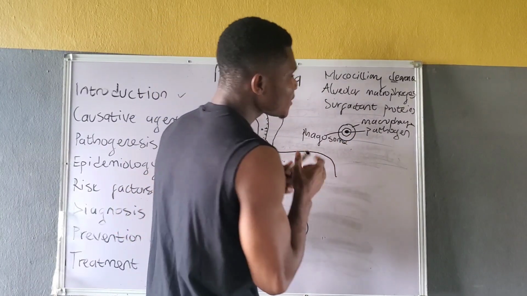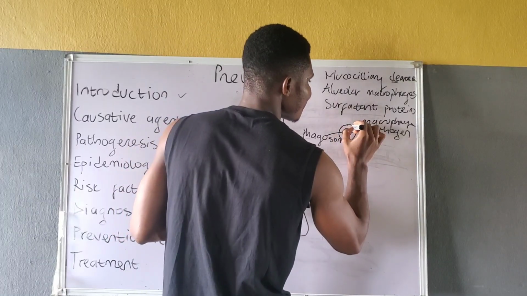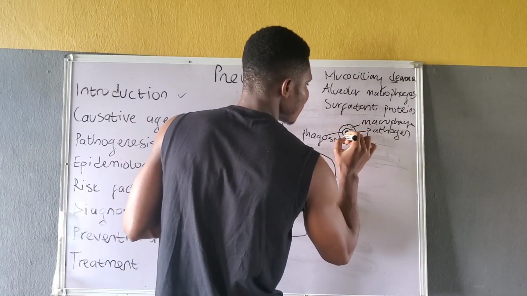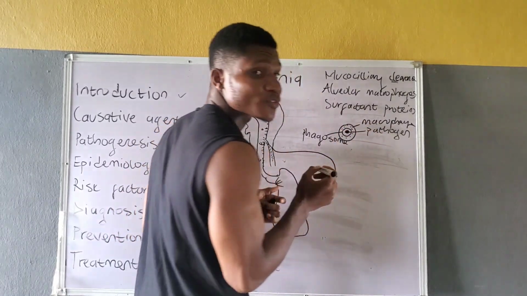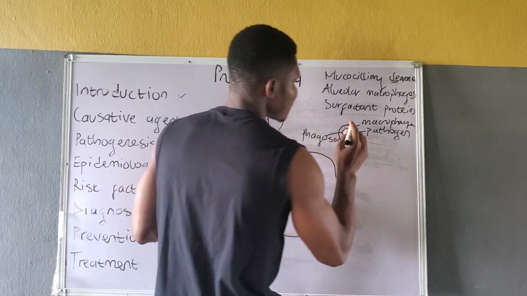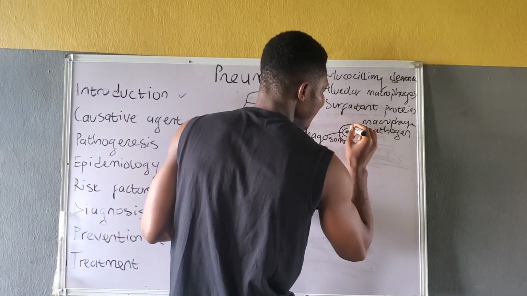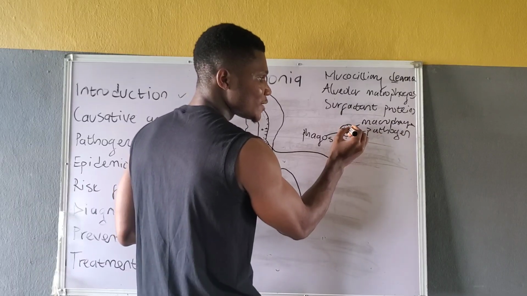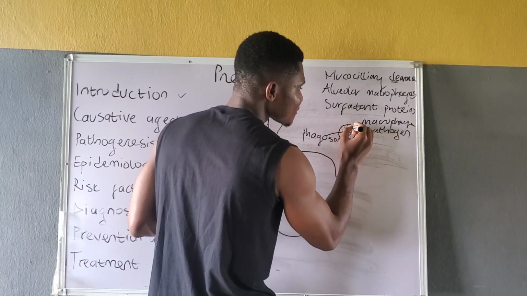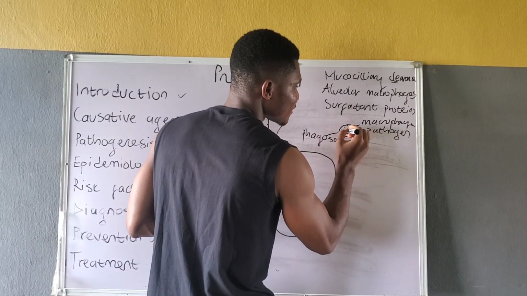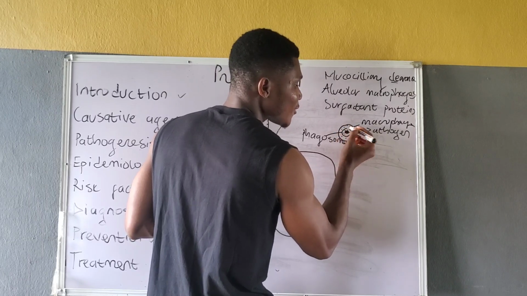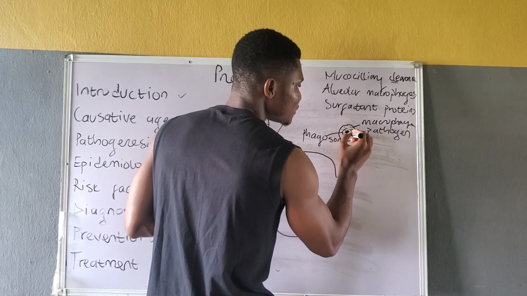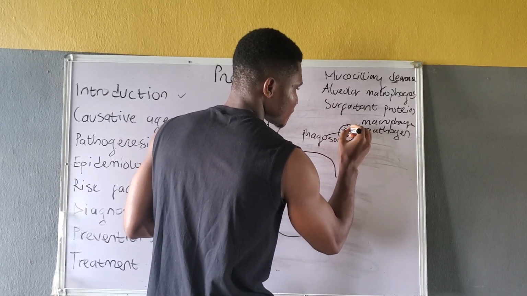And then within the alveolar macrophage, there are lysosomes. Then the macrophage perforates the phagosome and allows these lysosomes to enter into the phagosome that contains the pathogen, right?